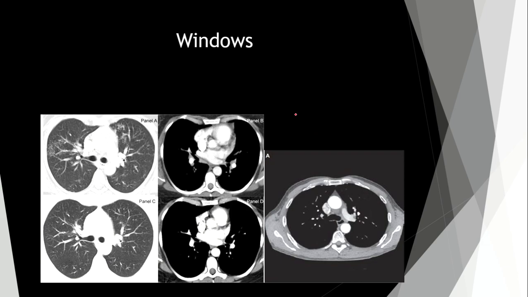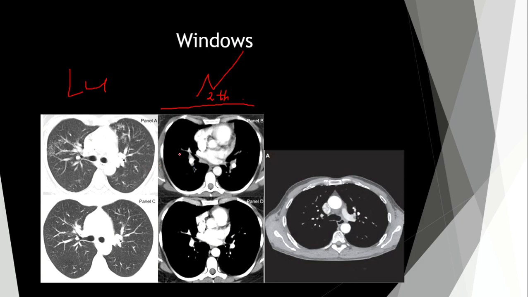We have here three different examples of different windows. This is normal, the window width of this window is 2000. This is the lung window, where we can see the lung. You can compare with this film.